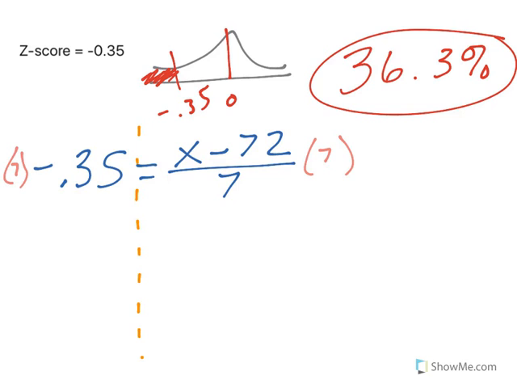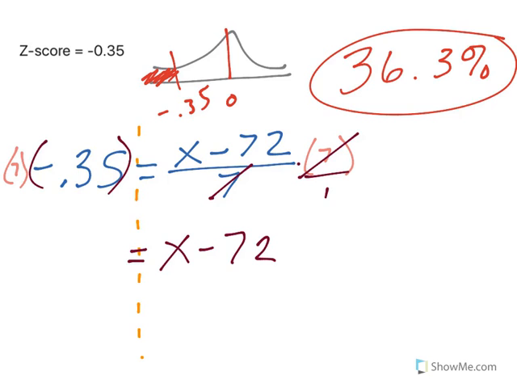And the first thing I want to do is multiply by 7, because when you multiply by 7, they cancel out. It's like multiplying fractions. A 7 in the numerator cancels out a 7 in the denominator, and I'm left with x minus 72 equals 7 times a negative 0.35. We are multiplying these two together. I get an answer of negative 2.45.